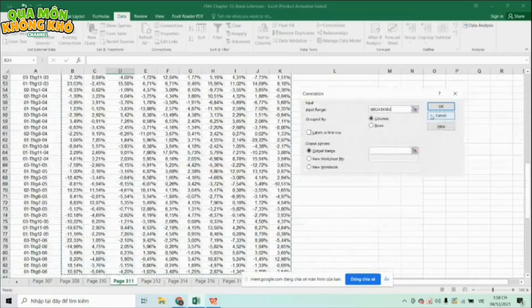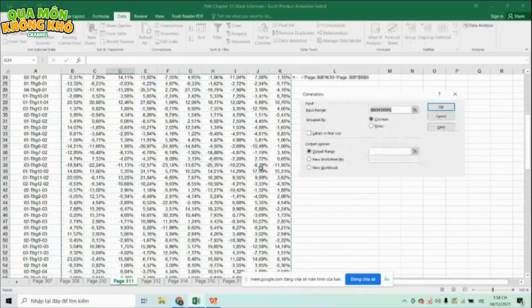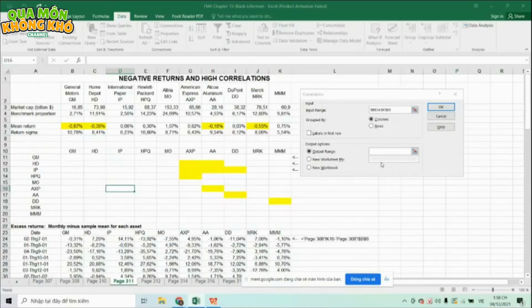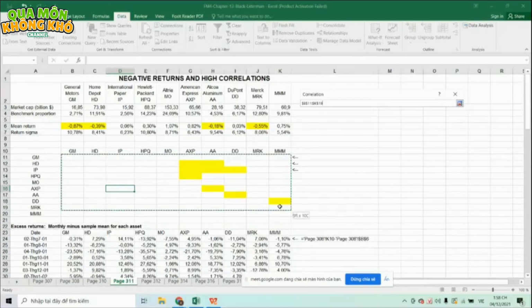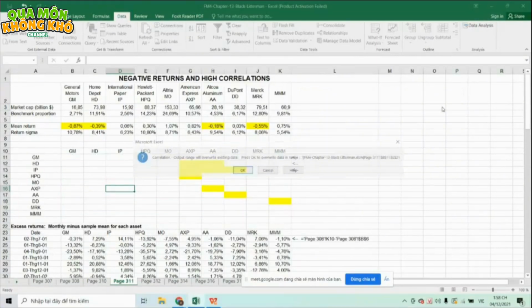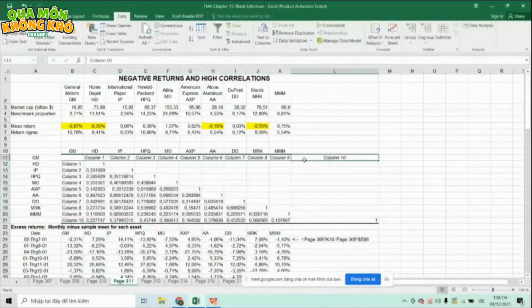Here. Output range. Here. Okay. Oh, I just forgot to take the labels.